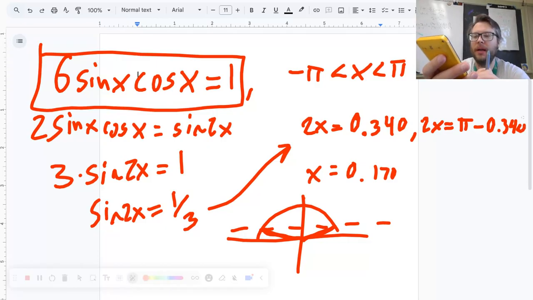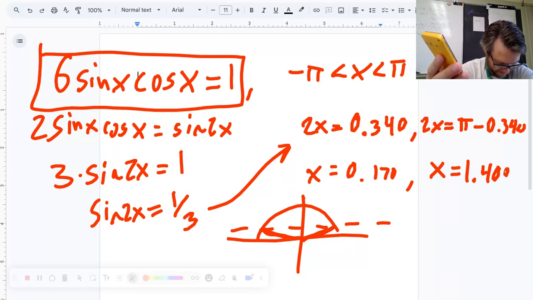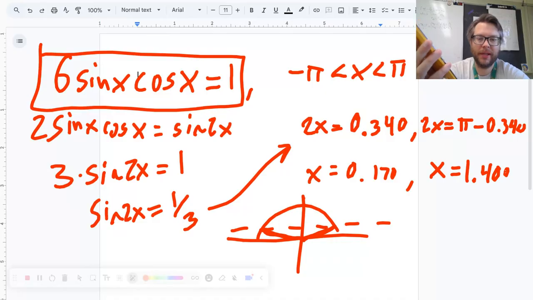So I go pi minus 0.340, which is 2.8-ish. Divide that by 2, and you get your other answer, that x is equal to 1.400.